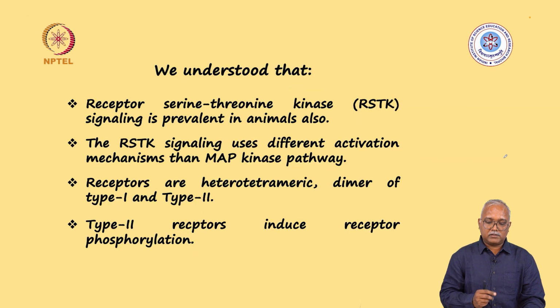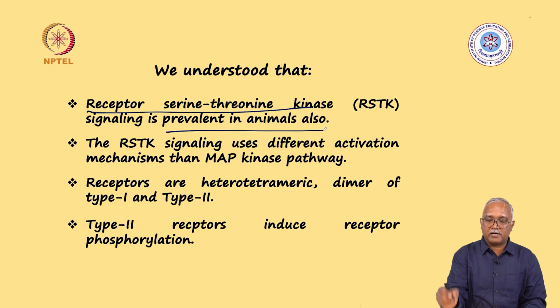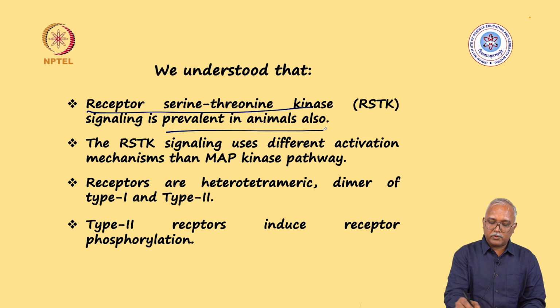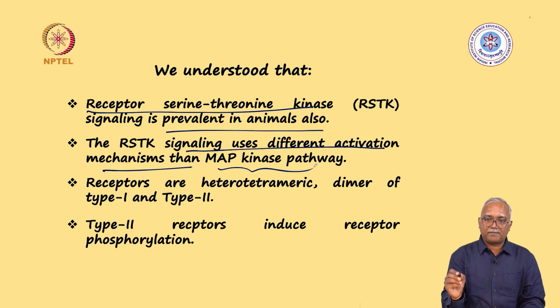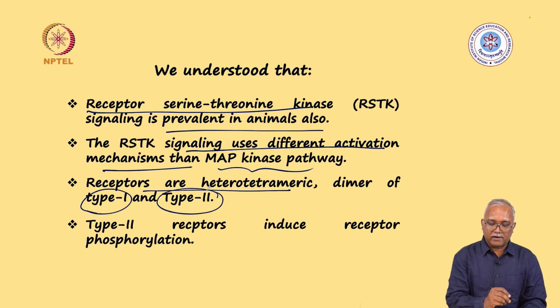So what we have learnt in this class today is that receptor serine-threonine kinase signaling is prevalent in animals also. A lot of developmental aspects are regulated by them, but they use a very different activation mechanism, different from the MAP kinase pathway. Also here you have different types of receptors which come into a heterotetrameric form, 2 copies of type 1 and 2 copies of type 2.